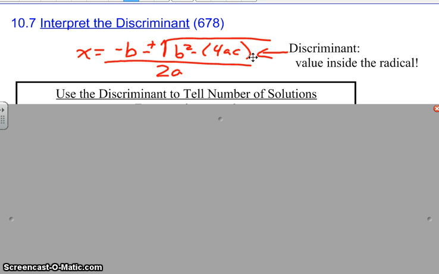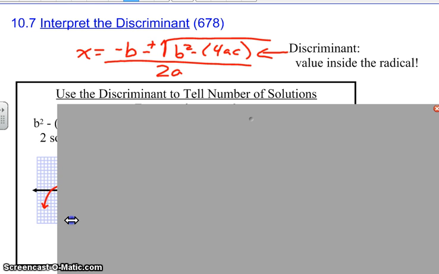Solutions are x-intercepts. So if I take that whole thing, b squared minus 4ac, and I get 16. If b squared minus 4ac is 16, what is the square root of 16, Michael? Not just 4 though, right? 4 or negative 4.